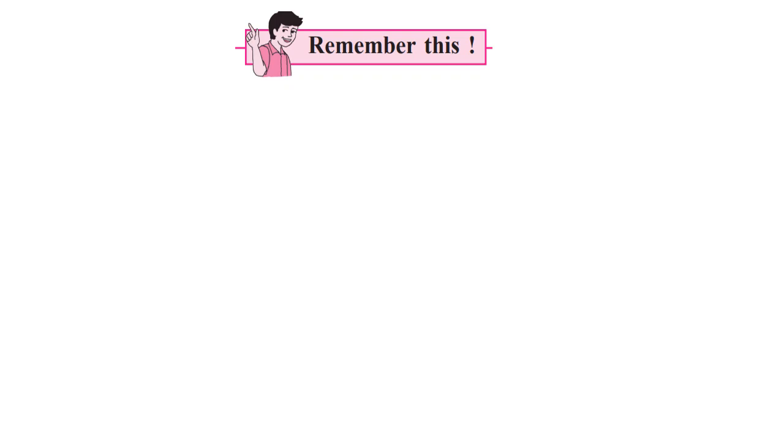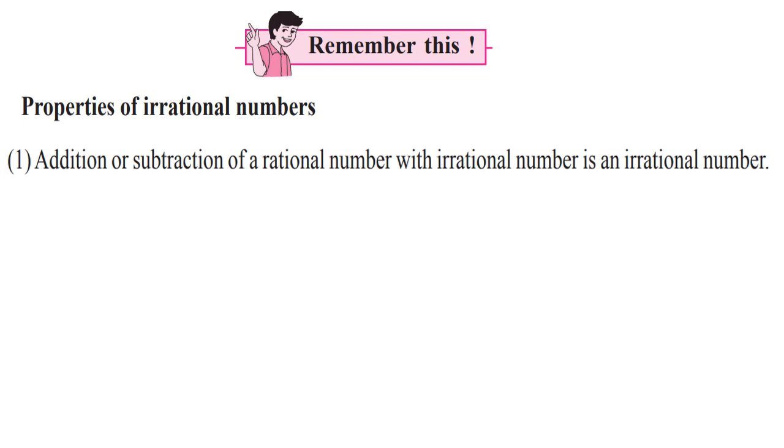In your textbook you can see these points. Remember this, the very first point here, which we will name the properties of irrational numbers. The first one which we have seen: addition or subtraction of a rational number with an irrational number. One is rational and the other is irrational, then the answer is going to be irrational. Same thing is valid for multiplication also. Multiplication of one rational number and another irrational number is an irrational number.